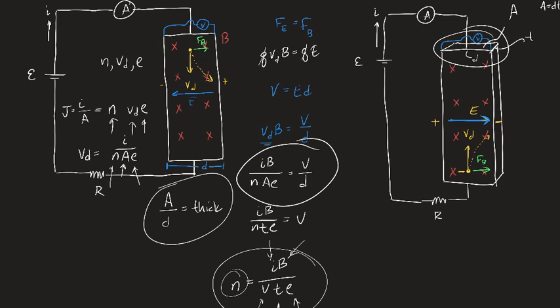Well, this is the drift velocity. I substituted it in here, and that got rid of the drift velocity in that relationship, but kept the potential across the strip. Is that okay?